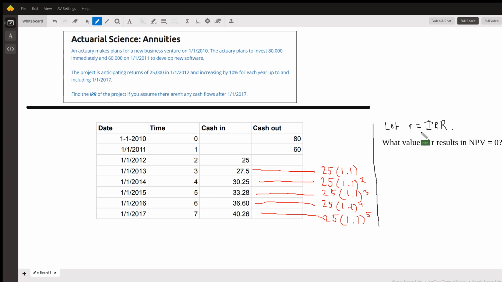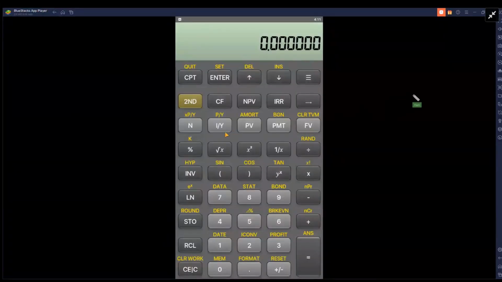Now, how do I actually find this R? Well, it's pretty easy. So let's go over to, I'm going to share screen, and we're going to go to my BA II Plus calculator. Okay, so here we are. And what I'm going to do is I'm going to hit CF, and it says CF0. So that's the cash flow at time 0.